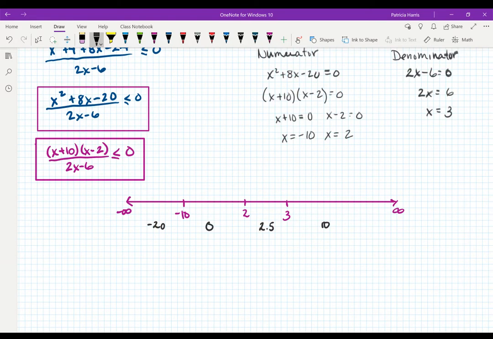Now I'm going to use this form of my function, and I want you to pay attention to what I'm doing with the signs. If I plug in a negative 20 for an x, I get negative 20 plus 10. Well, negative 20 plus 10 is a negative number.